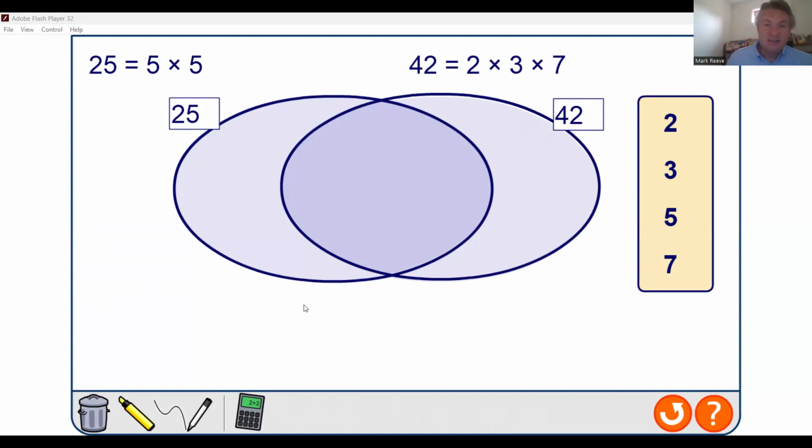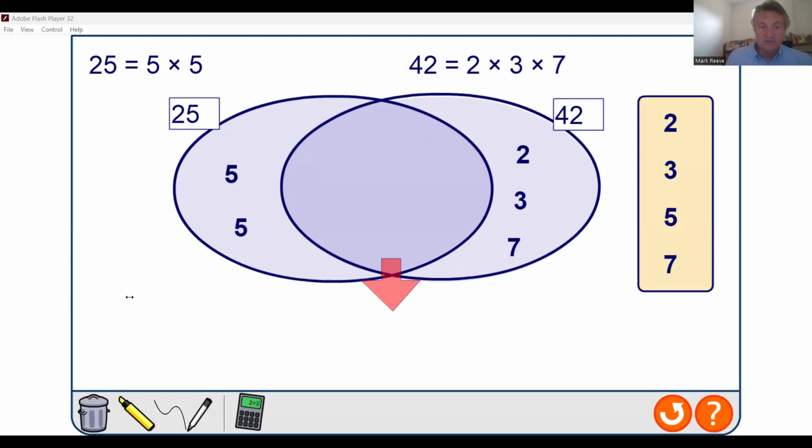We put each number into the correct section. 25 is 5 times 5, and 42 is 2 times 3 times 7. There are no numbers in the intersection here, so we put a 5 here and a 5 here, and we put the 2, a 3 and a 7 over here. So the highest common factor of 25 and 42 is just going to be 1, because there are no numbers in the intersection.